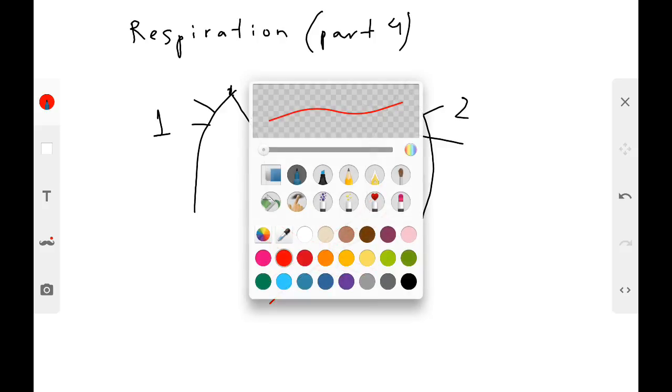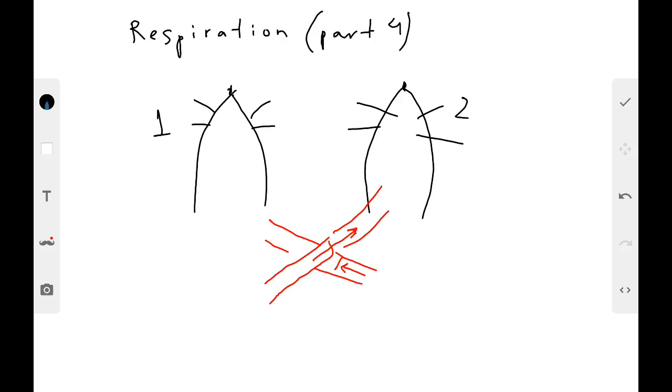After, he clamped the trachea, the air passages of the first dog, so that lung ventilation stopped. So external respiration in dog 1 was not possible. And he observed the pattern of respiration of dog 2.